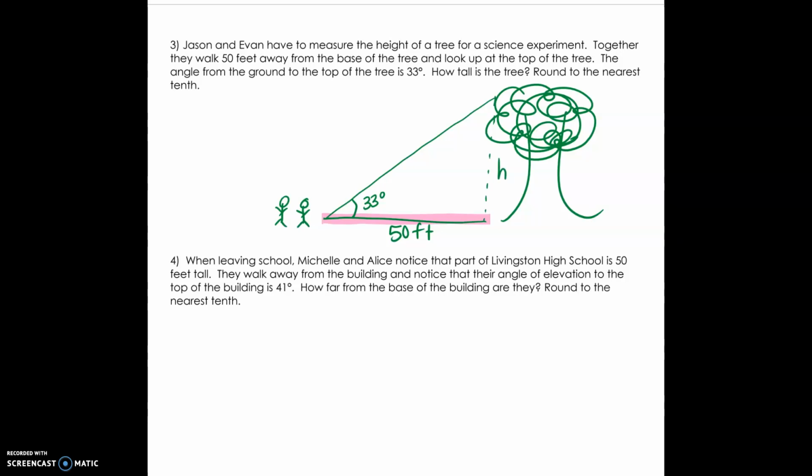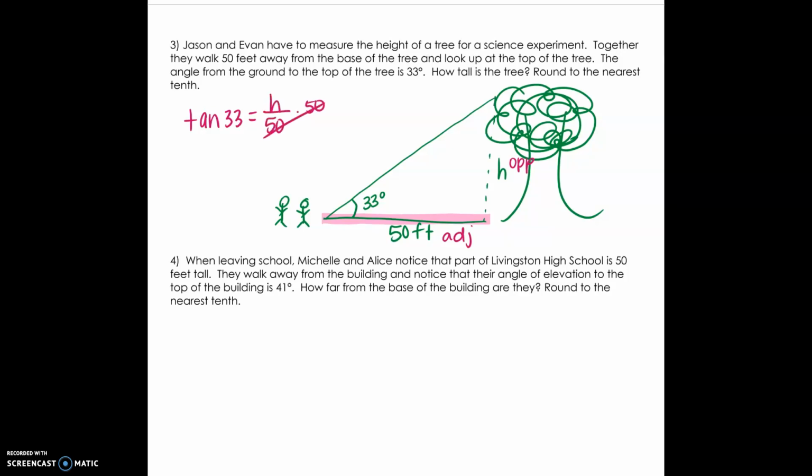Now that we labeled our picture, we have our right triangle. We are going to set up a trig equation and solve. So we know that H is opposite 33 degrees, 50 is adjacent to 33 degrees, so we're going to use tangent here. We have tangent of 33 equals H over 50.